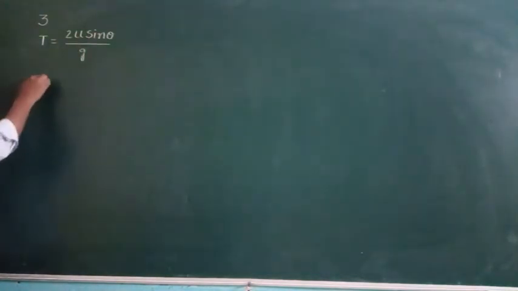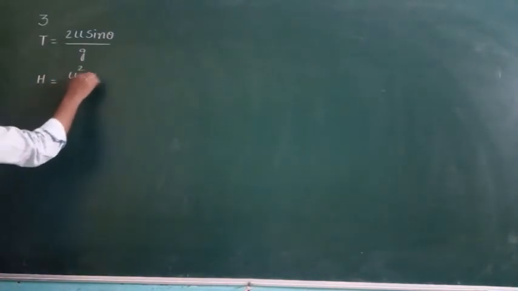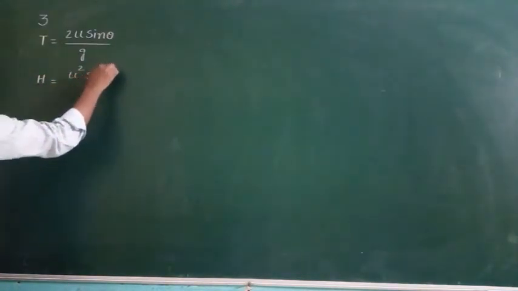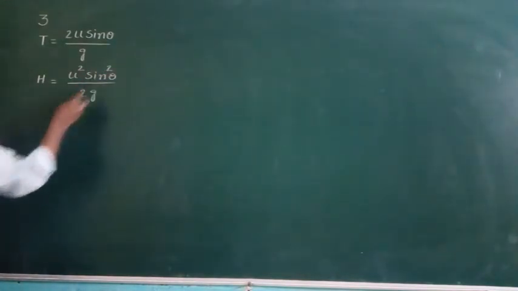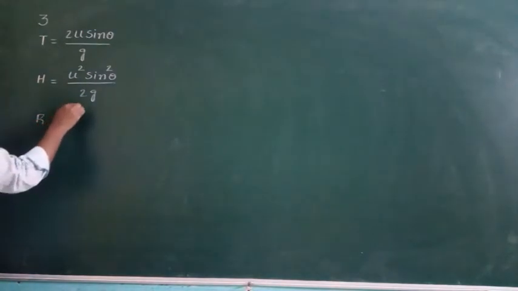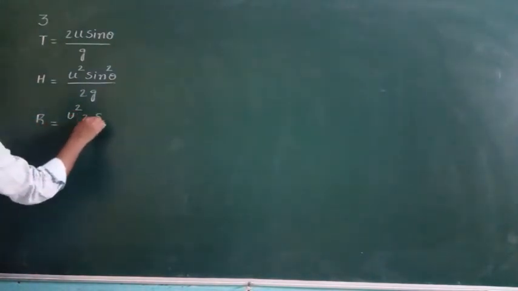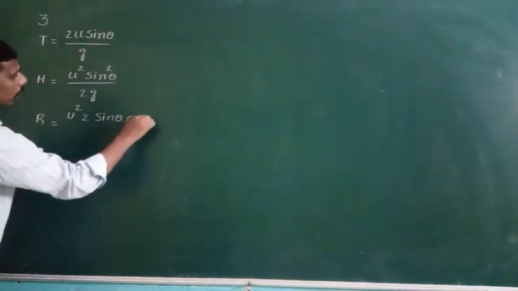Maximum height h is equal to u square sin square theta by 2g, and the range is equal to u square 2 sin theta cos theta by g.